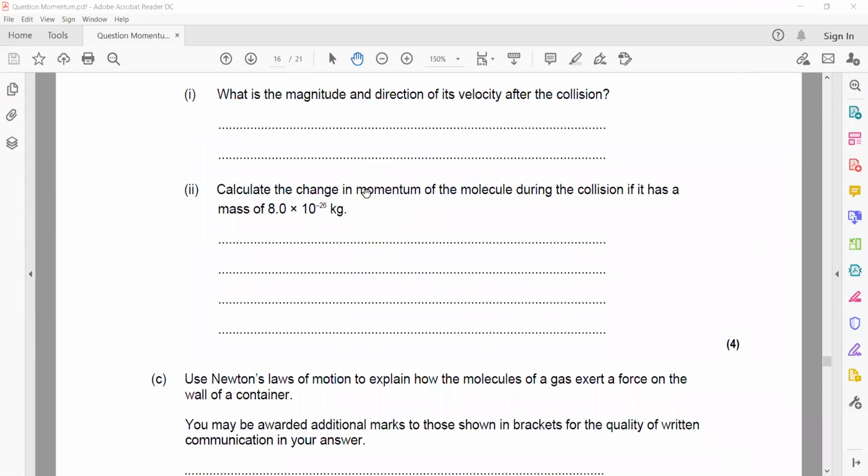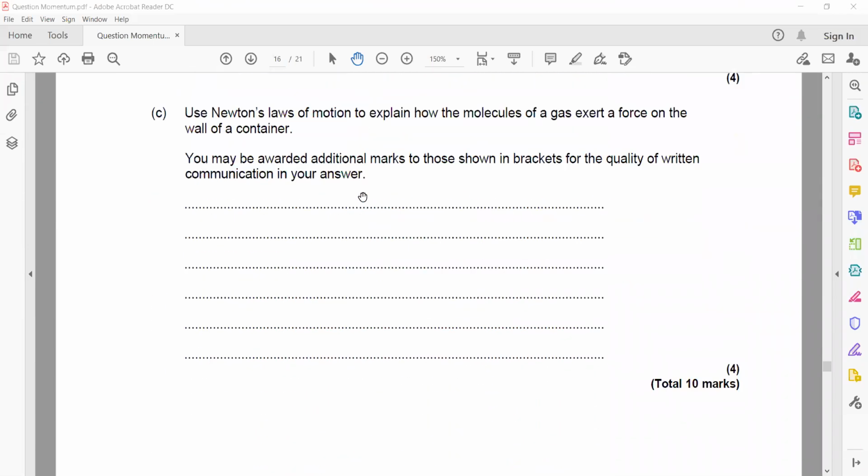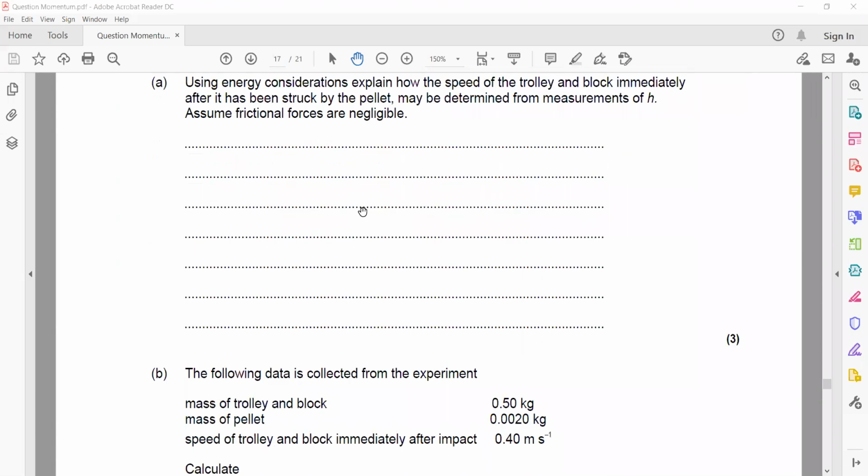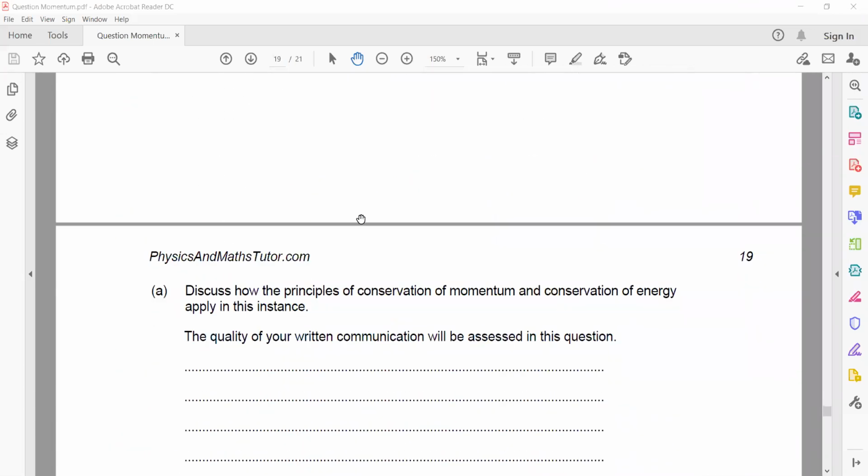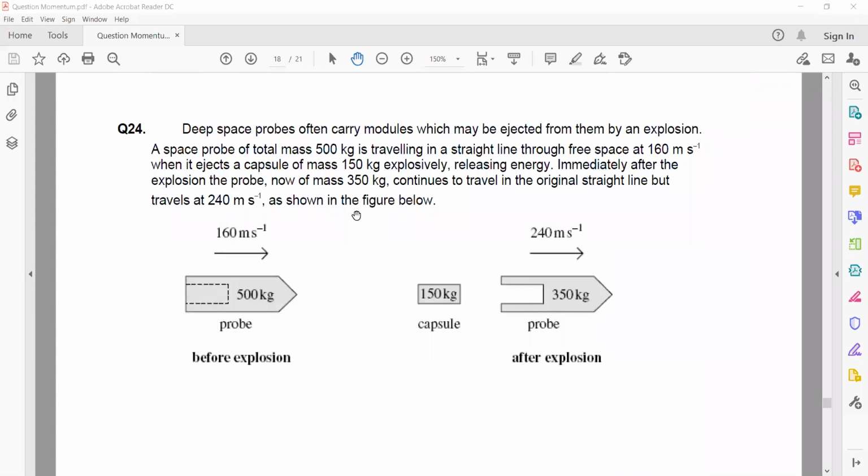Then page 19, question 24. A deep space probe often carries a module which may be ejected from it by explosion. A space probe of total mass 500 kilograms is traveling in a straight line through free space at 160 meters per second.